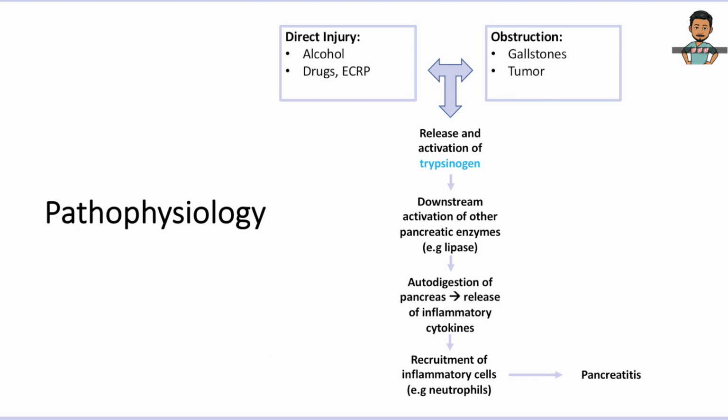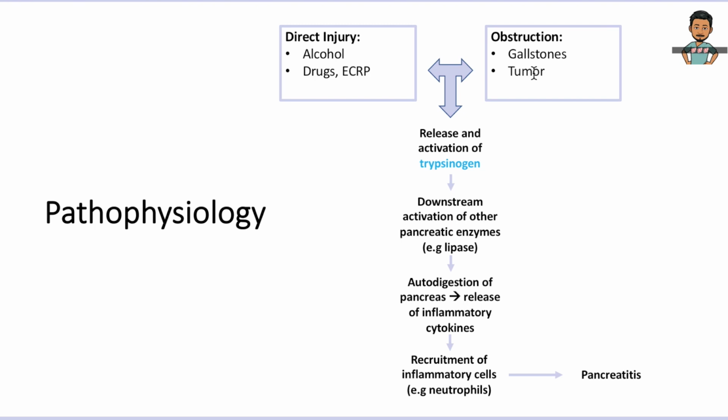Okay, next to talk about the pathophysiology. We talked about alcohol and drugs and ERCP. These cause direct injury. When there's direct injury, you injure the acinar cells of the pancreas, which leads to the release and activation of enzymes, which leads to autodigestion. In the case of obstruction, like I said, the enzymes get trapped behind the obstruction, which leads to their activation. So trypsinogen is the main enzyme responsible.